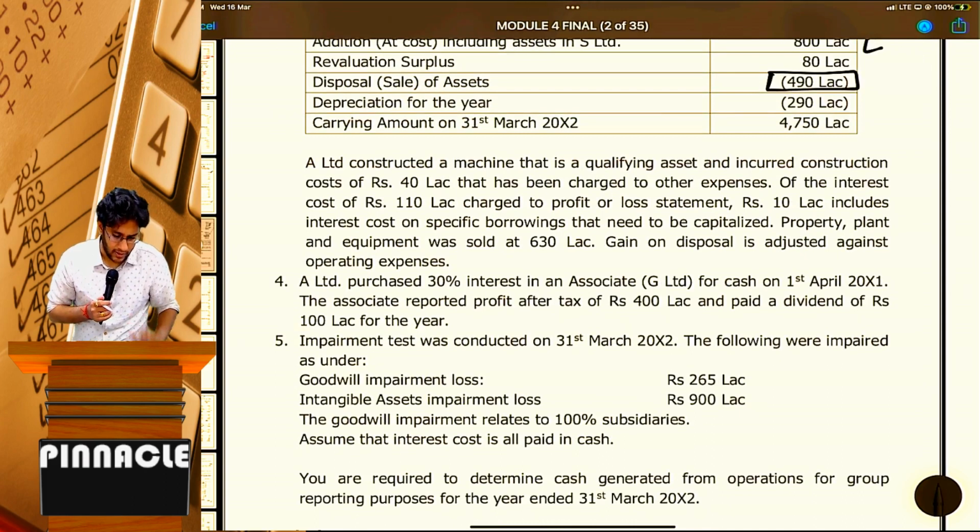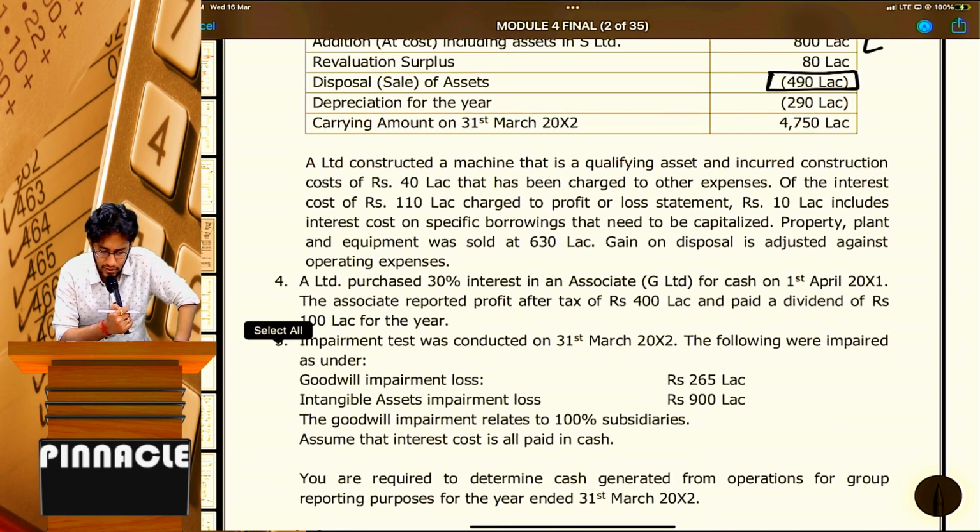Next. Apart from this, A Limited purchased 30% interest in Associate G Limited for cash on 1st April. Subsidiary over, associate it is. The associate reported profit after tax of 400 lakhs and paid a dividend of 100 lakhs for the year.